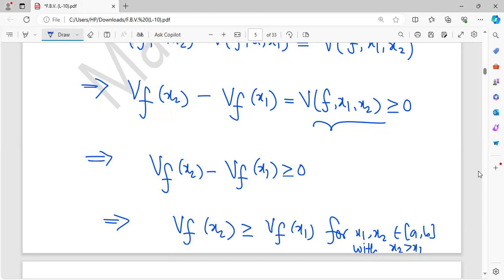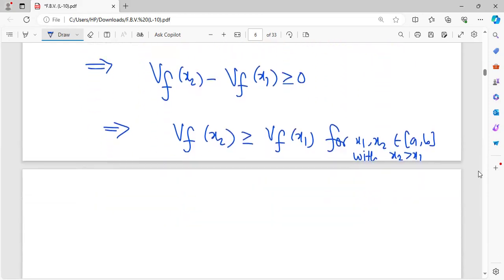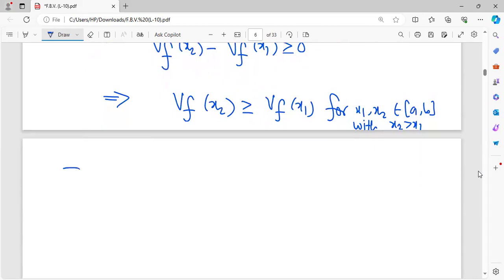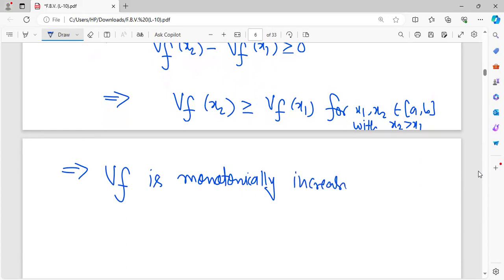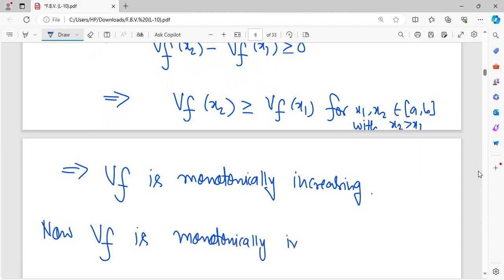So what does it mean? It means V_f is monotonically increasing. Now V_f is monotonically increasing.